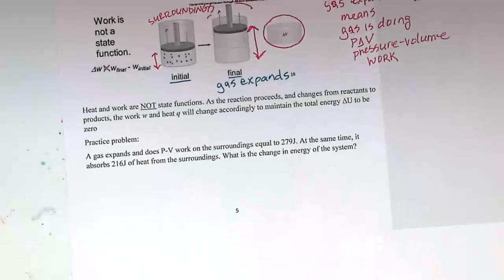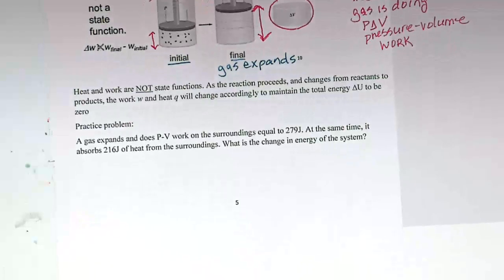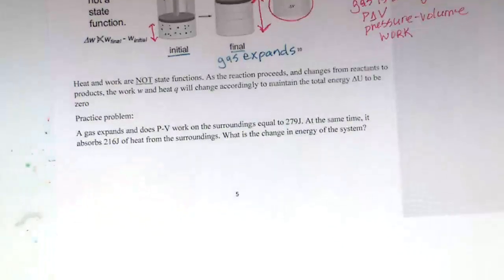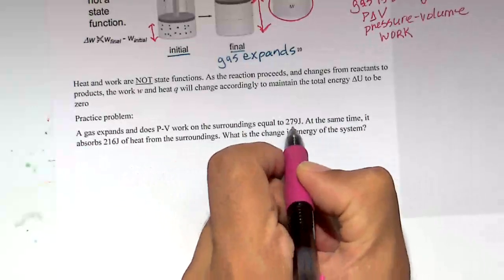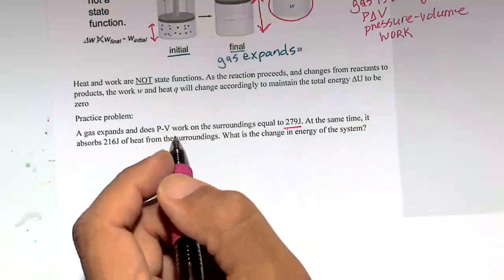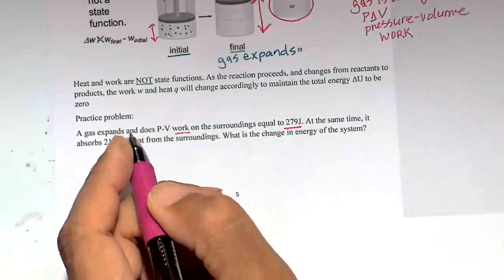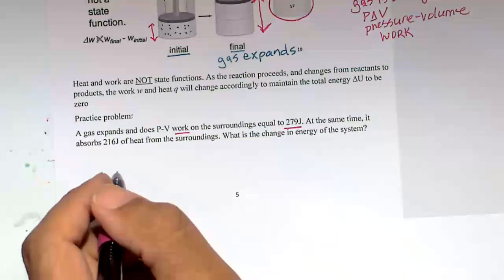That is for the case of gases. Let's do this problem together, and then we'll do some enthalpy problems. A gas expands and does pressure volume work on the surroundings equal to 279 joules.